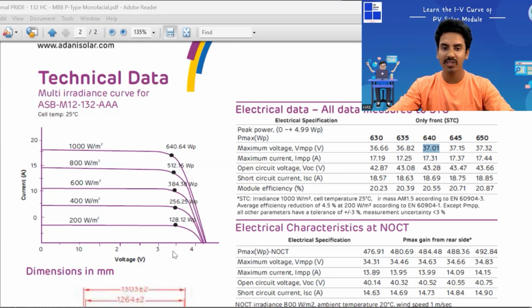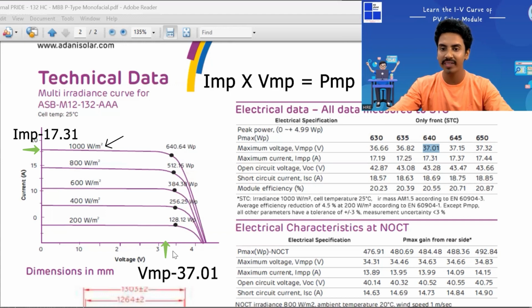And when it reaches 1000 watt per meter square, at this point you have IMP and VMP already there. So IMP into VMP will be your PMP, or the maximum power. Here PMP is basically this value, 640.64 watt peak.